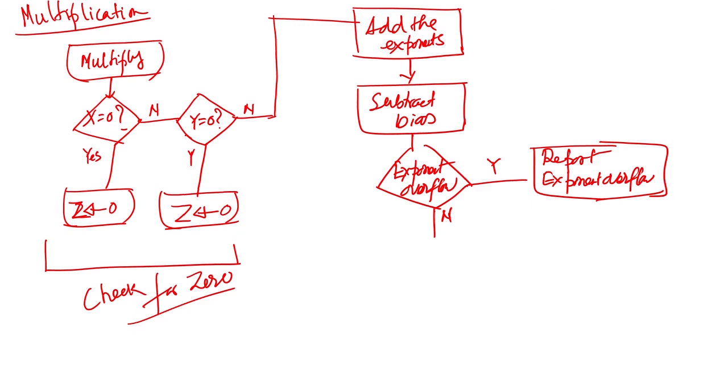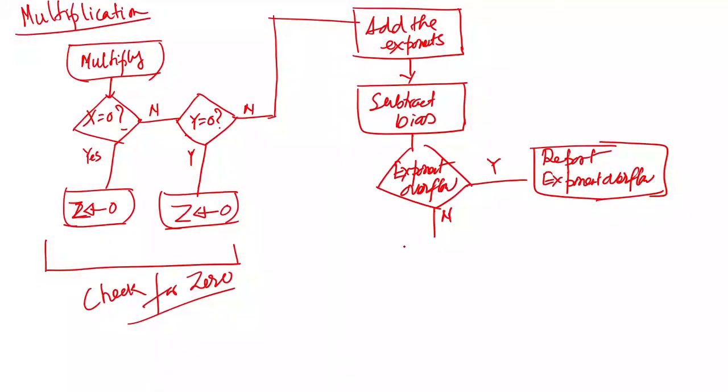If it is not overflow, there may be underflow, because you may be adding two negative exponents. So, there may be a chance for exponent underflow.